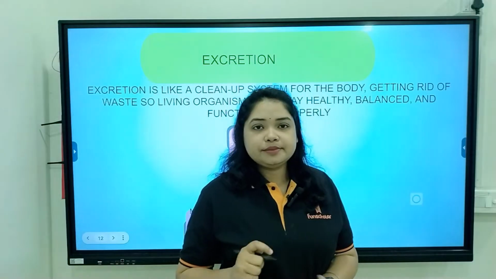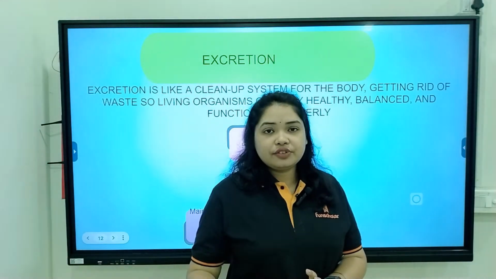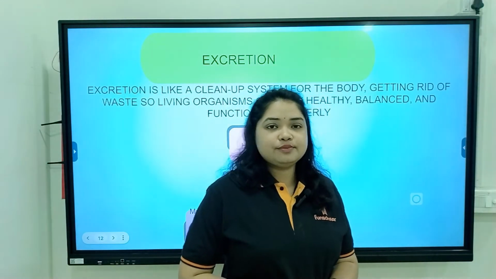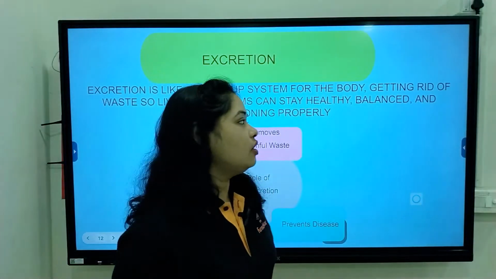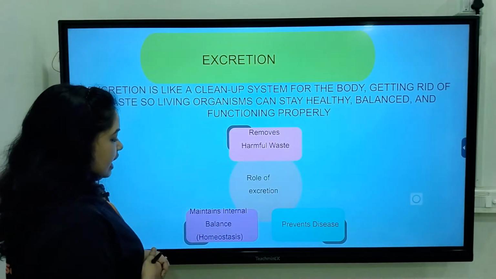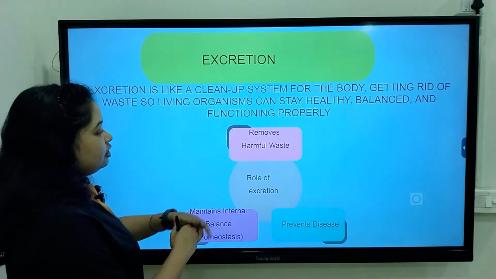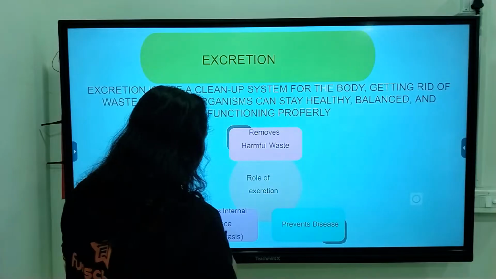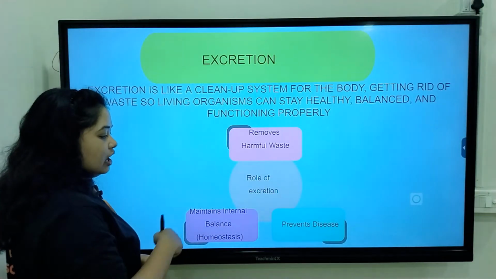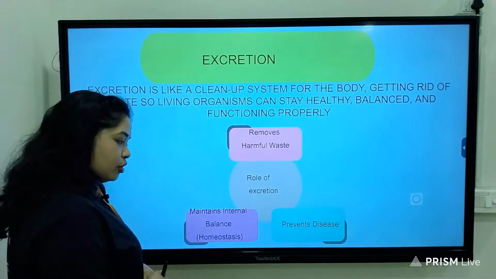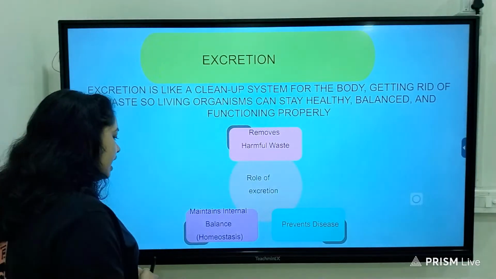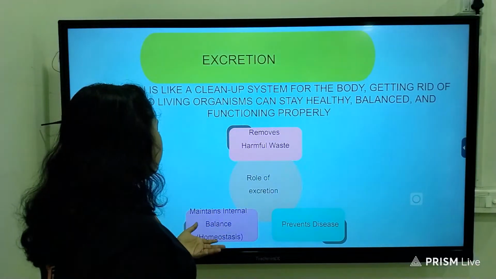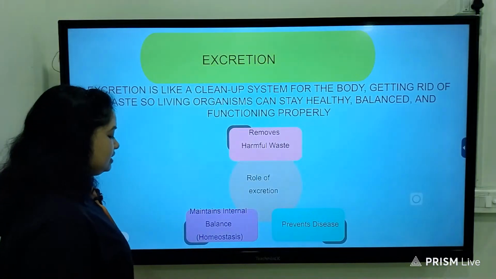It can lead to the formation of diseases also. So therefore it is better that it is excreted as soon as it is produced in the plant body or the animal body. As I told you, it is the removal of the harmful waste, and it will prevent disease because it won't allow the buildup of toxicity inside the body, and in this manner it will help maintain homeostasis.